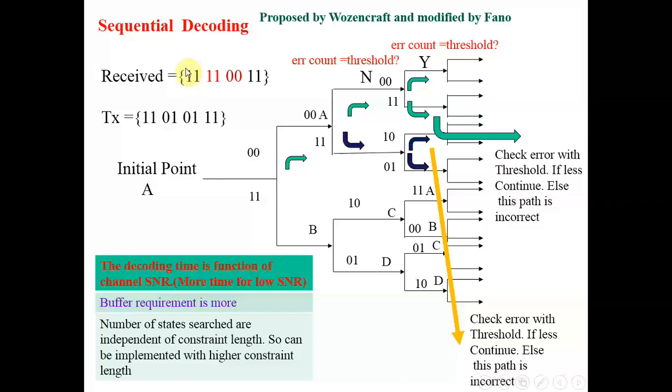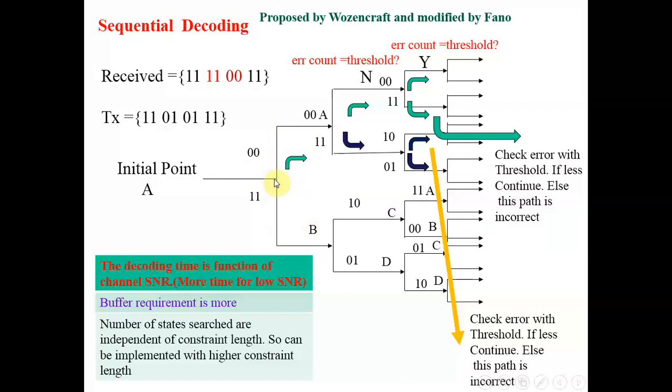You don't know whether the received input is correct or incorrect. As a receiver, I receive 11, and you really don't know whether this 11 is correct or incorrect because of noise or some errors during the transmission. But we just have to follow the rule which says to follow the path which will give you the minimum number of errors.